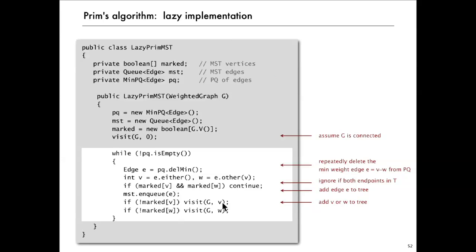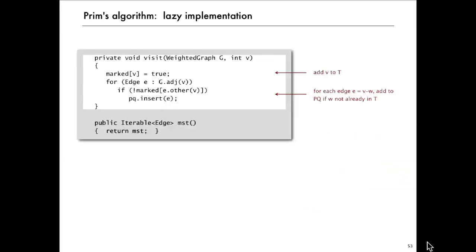and put on the tree. And the visit routine is the one that puts the vertex on the tree and puts all its incident edges onto the priority queue. So to visit a vertex, we set its corresponding entry in the marked array to be true, so it's added to the tree.